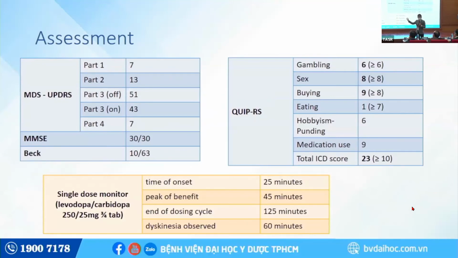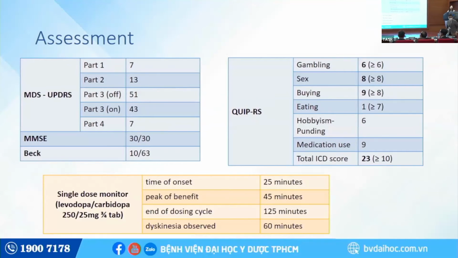Any comments at all? The history, young onset Parkinson's disease, clearly has the fluctuations. But interestingly, you get this number on the screen. Would you?